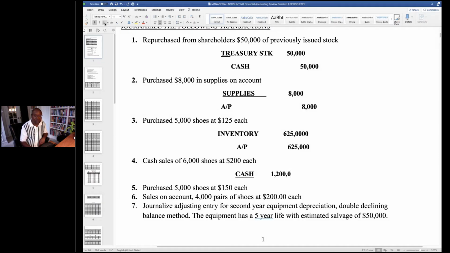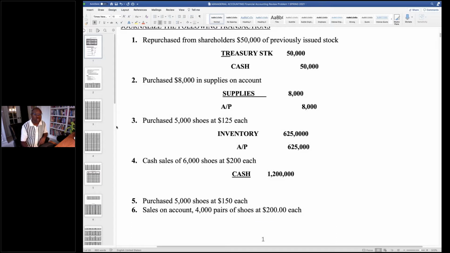And we're going to credit sales revenue. And that's going to be a credit of how much? 1,200,000.